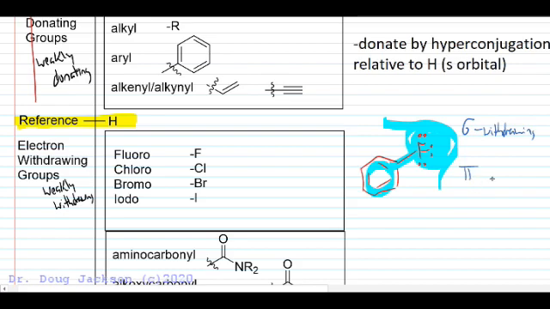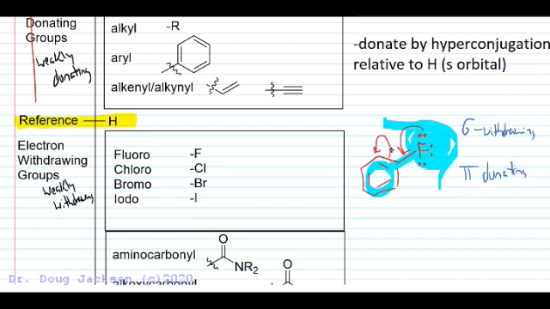but we are pi donating. So we still have resonance here that would show the same contributors, like we show with phenol above, okay? The electron density is less.